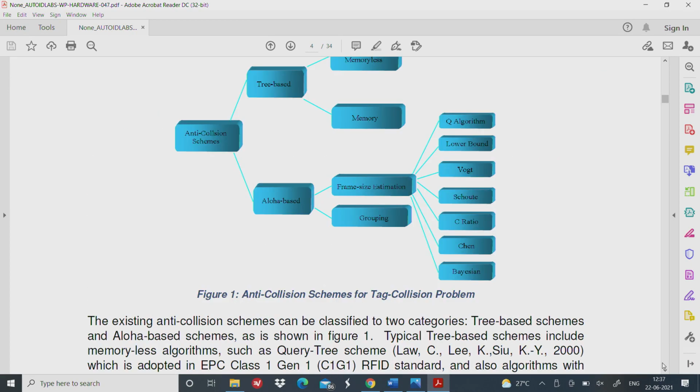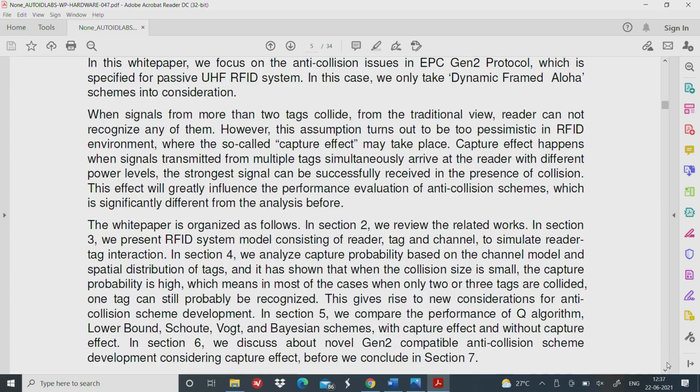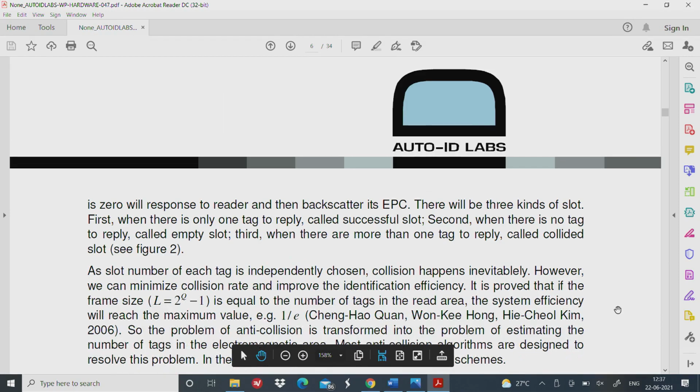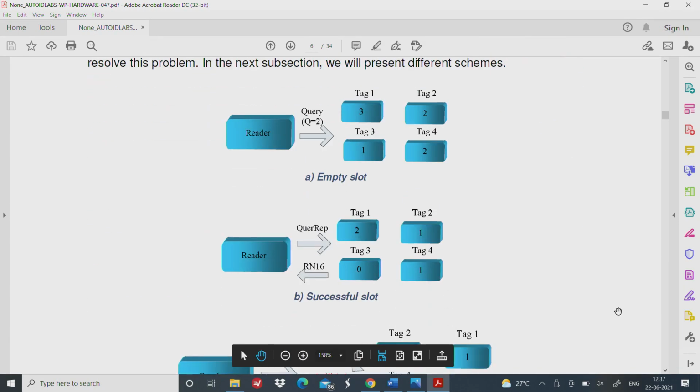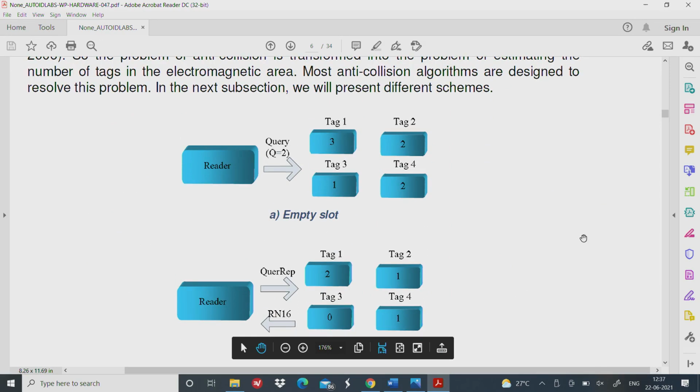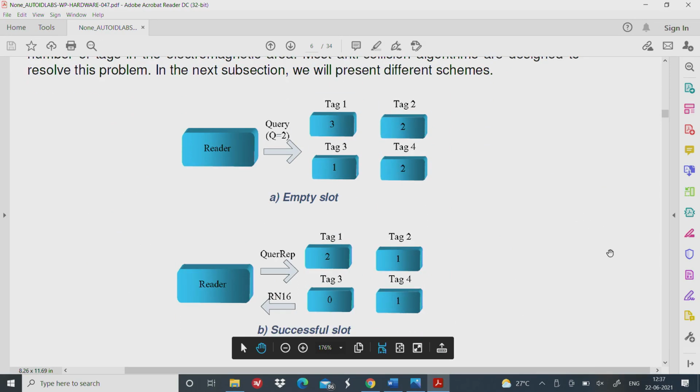Now there is some general discussion about different types of anti-collision algorithms, but we will not worry about those, we will just look at EPC Gen 2. Look at these two pictures here. One of them says the Q value supplied is 2, from the reader using the Query command, and there are tag 1, tag 2, tag 3 and tag 4.